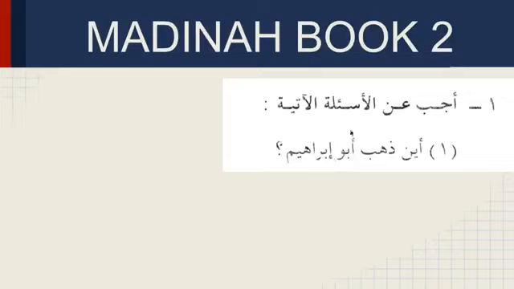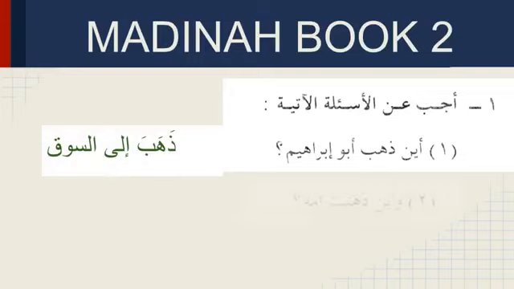So Abu is fa'il, and it is mudaf and Ibrahim is mudaf ilayhi. So we know Ibrahimu is diptote, mamnu' min as-sarf, so it will not be Ibrahimi, it will be Ibrahima. So, Aina zahaba Abu Ibrahima. So Abu is the fa'il. So how do we answer? We can say he went, or we can say the father of Ibrahim went. So here we will say he went. So zahaba ila suq. He went to the suq.